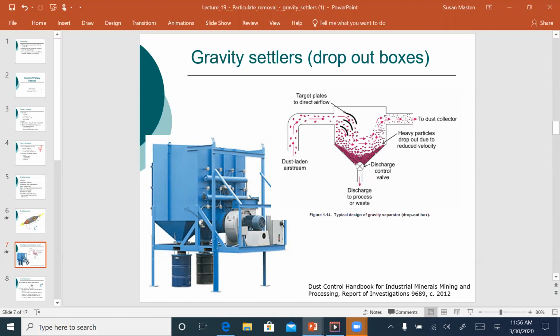You have particles then falling out, and they can be discharged either to be reused or to a waste stream. And then we may have another treatment process after that for further removal, or can just go back into the process. And you can see here, these are just 55-gallon drums that are used to collect the dust in this case, and then it is just recycled or wasted.